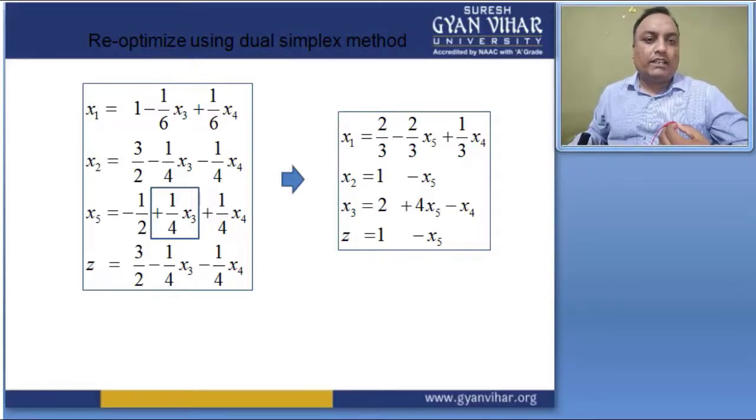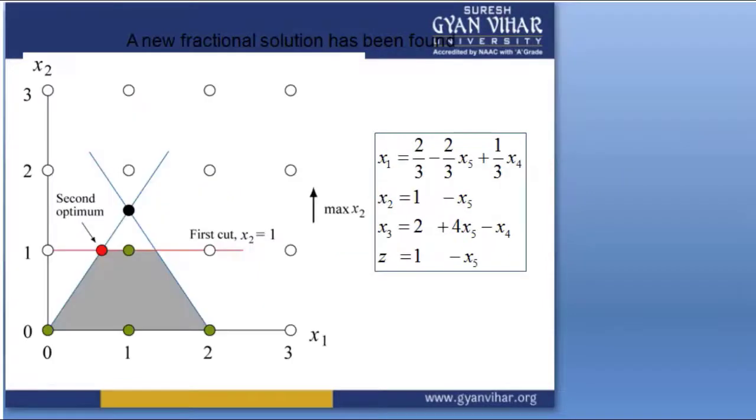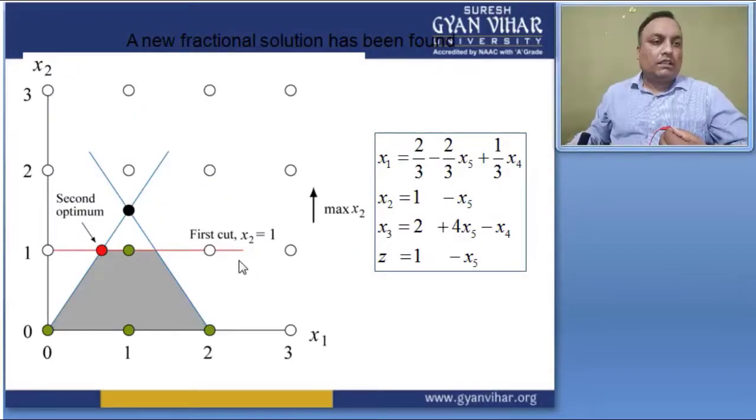Then we move to the next slide, the first cut. In this slide you can see the second optimal point, and the feasible region decreases in this case. The first cut is x2 equal to 1.